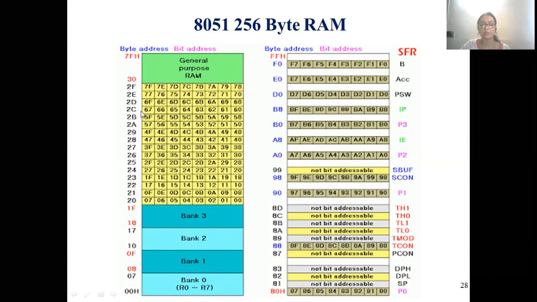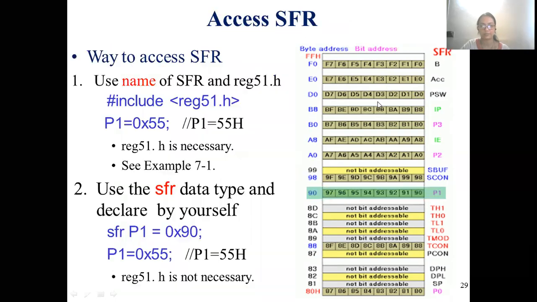From 20 to 2F, that much space is the bit addressable range. It can be accessed by addressing the bit, and 30 to 7F is general purpose RAM, used as internal data memory. So this way we have the bifurcation of the RAM space allotted in the 8051 microcontroller.